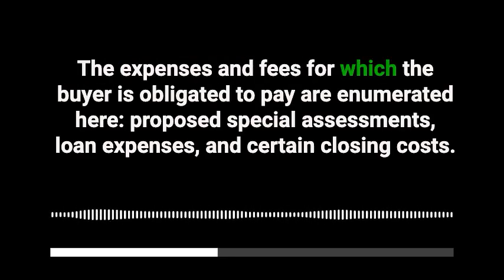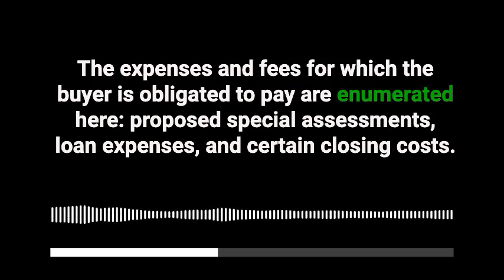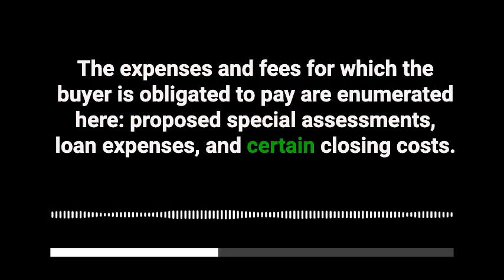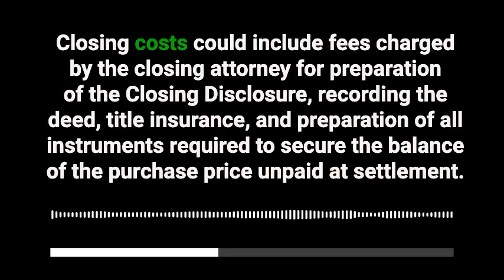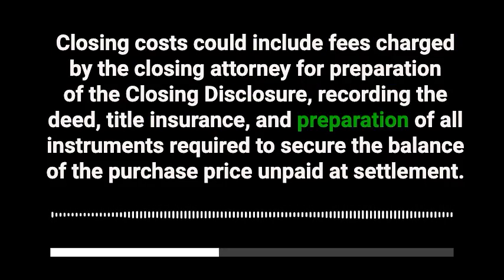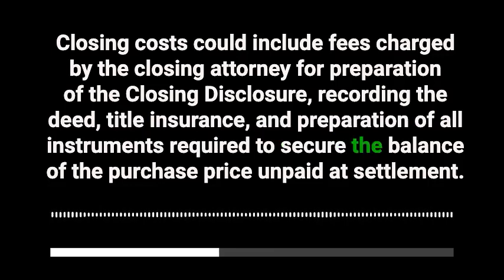Buyer obligations. The expenses and fees for which the buyer is obligated to pay are enumerated here. Proposed special assessments, loan expenses, and certain closing costs. Closing costs could include fees charged by the closing attorney for preparation of the closing disclosure, recording the deed, title insurance, and preparation of all instruments required to secure the balance of the purchase price unpaid at settlement.